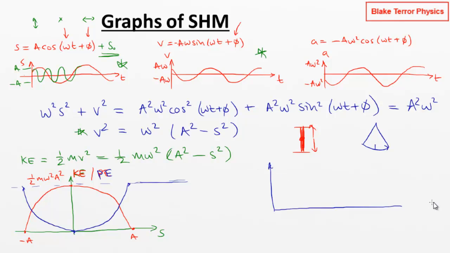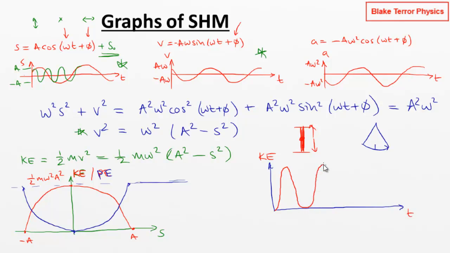So let's come back to the kinetic energy versus time. This is proportional to sine squared, so let's start it at 0. I won't bother with an initial phase shift. Let's just make this as simple as possible.